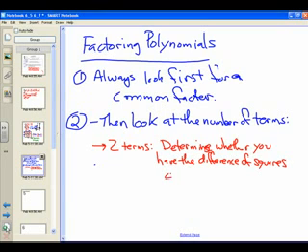In other words, that'd be something like this: 4x squared minus 9y squared. That's the difference of squares. And remember, that solution is something plus something, times something minus something. Now, that's one of our special cases, difference of squares. But this is an example of what one of those would look like.